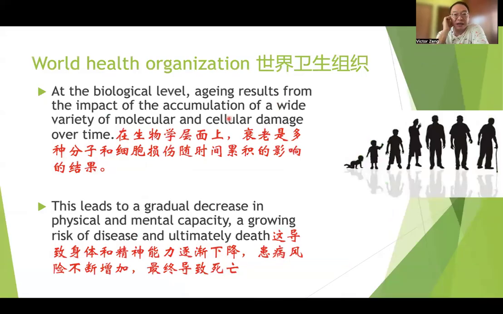At the biological level, aging results from the accumulation of a wide variety of molecular and cellular damage over time. At the cellular level, and inside the cells at the molecular level, things are getting damaged, and that leads to aging.